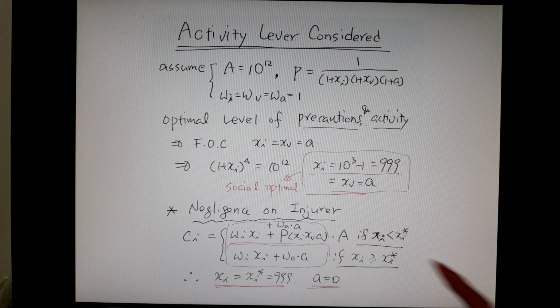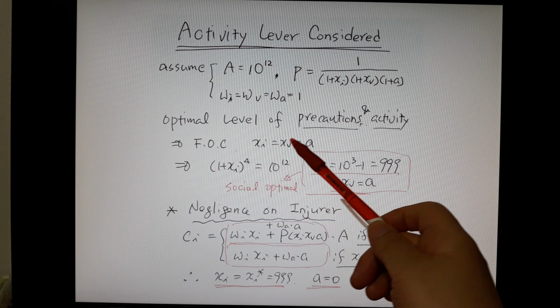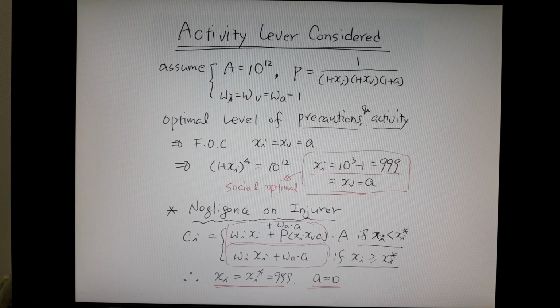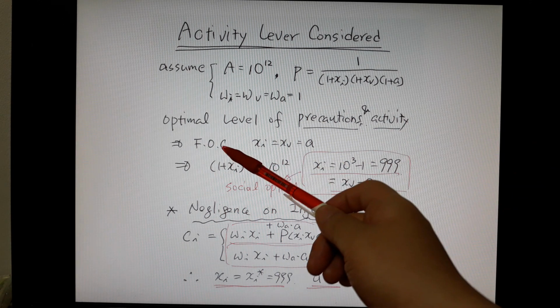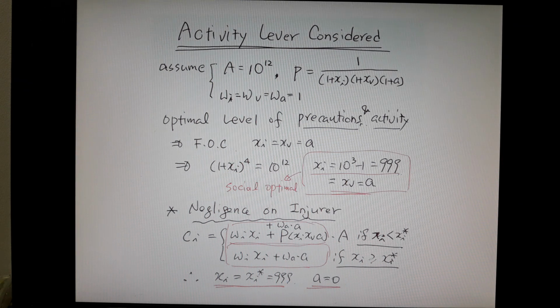By doing that, I hope you can correctly find out xi should be equal to xv should be equal to a. So they are all the same numbers. So when you put that back to the first order condition, you should do that. I'm not doing that for you anymore.